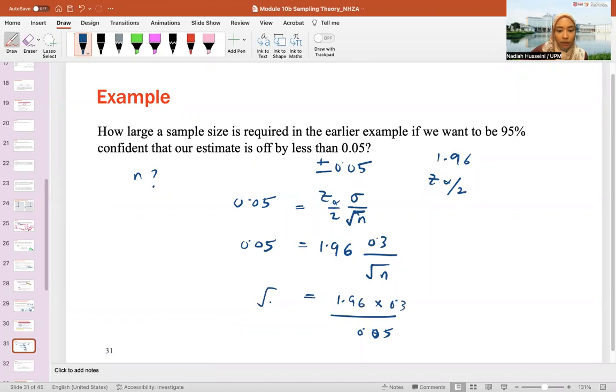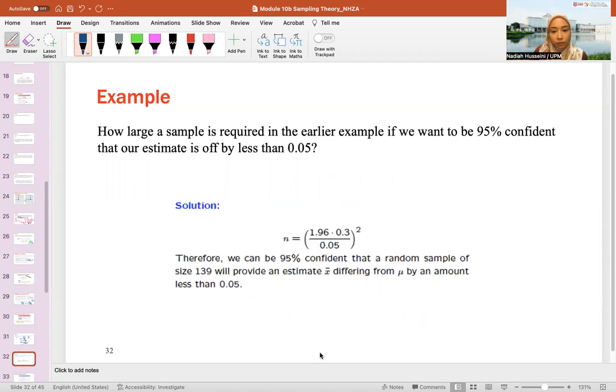So I have a square root n over here. Obviously, I don't want this in square root, so I'm getting rid of the square root by squaring both sides. So I'm left with n equals 1.96 times 0.3 divided by 0.05, square the whole thing.